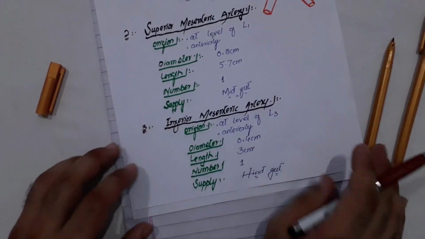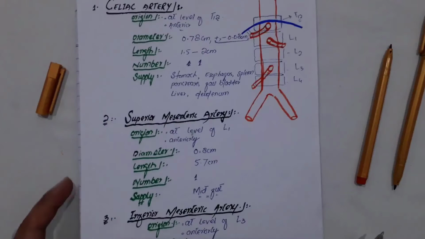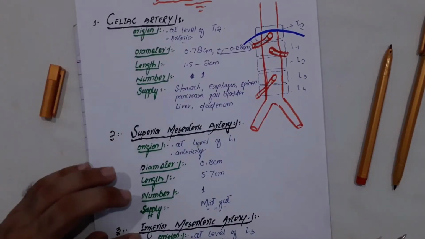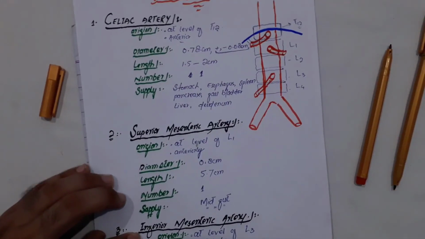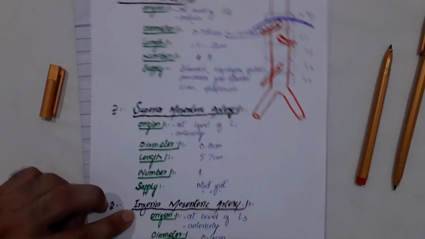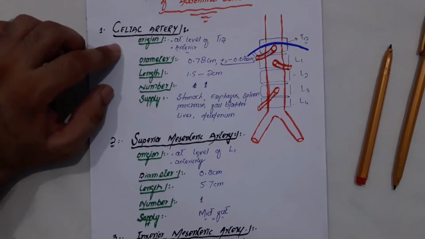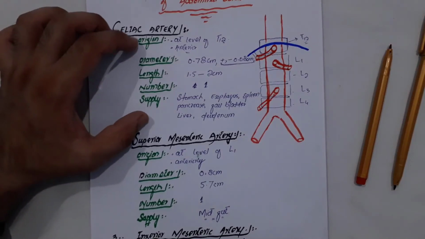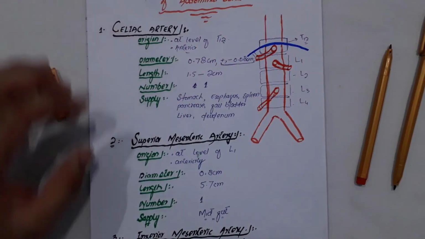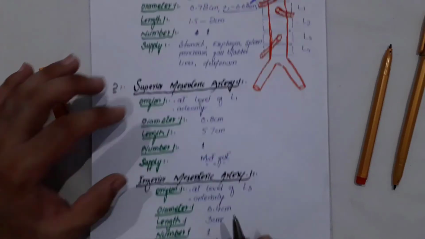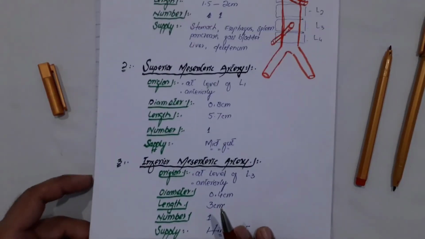So this was about the inferior mesenteric artery. So the first three important unpaired branches which arise from the abdominal aorta: the celiac artery, with some important points regarding it, then the superior mesenteric artery, and then the inferior mesenteric artery.